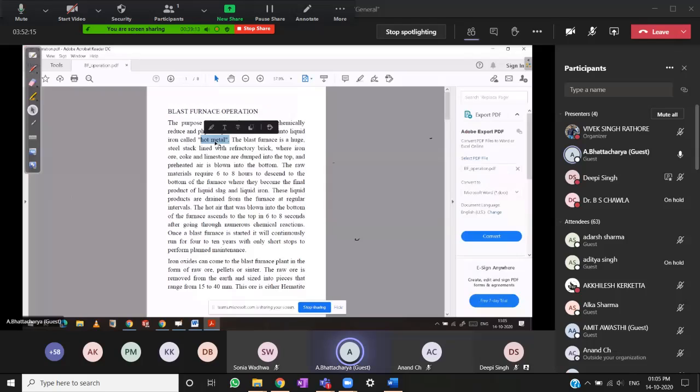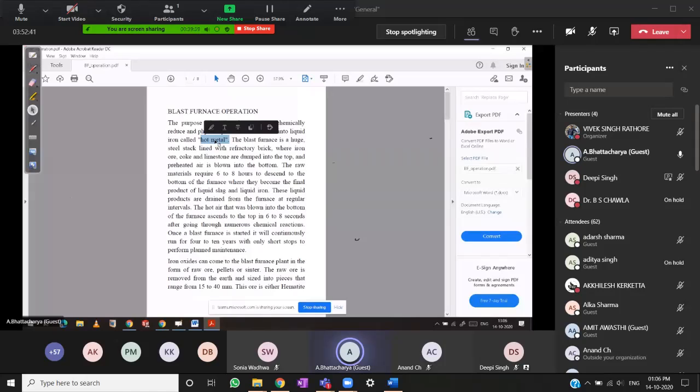As such, it has very inferior properties, so it cannot be used anywhere. But this is the starting material for steel making, so it has great importance in the steel industry. I will come to this again.